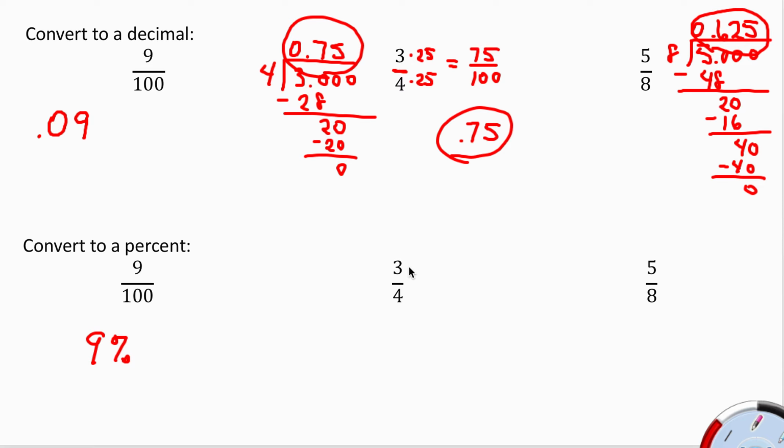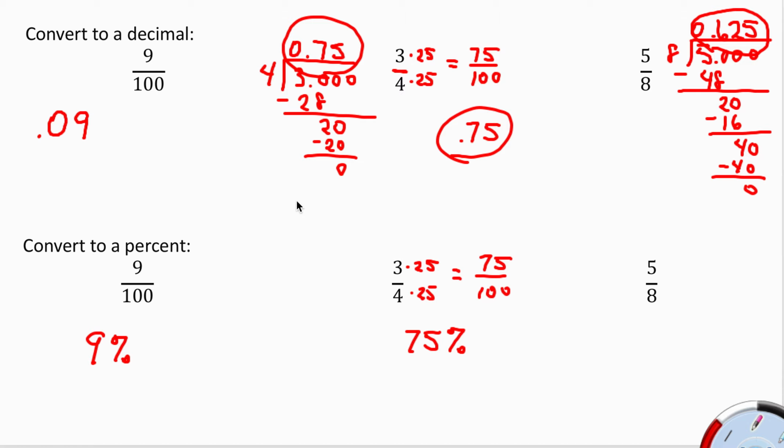So I can do the same thing right here. I can make this denominator 100. And then once it's per 100, that's the exact same thing as saying percent. So I can change the per 100 to percent.